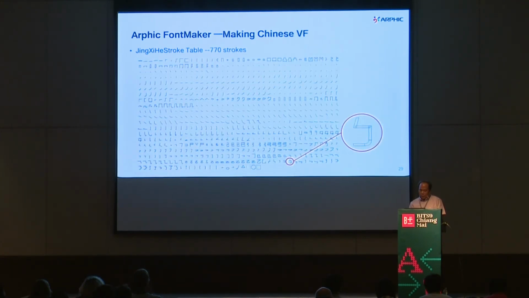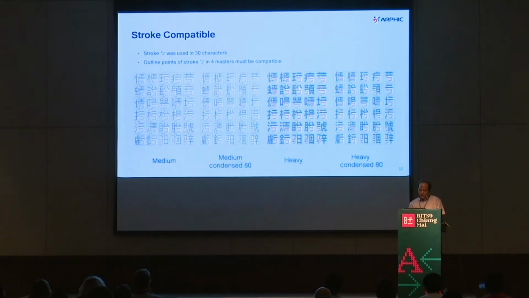Take this stroke in the red circle, for example. This stroke is used by 30 characters on each typeface. The shapes could be changed by setting the stem width and the structure points. For creating the variable fonts, we have to verify that this stroke in the font masters is compatible.